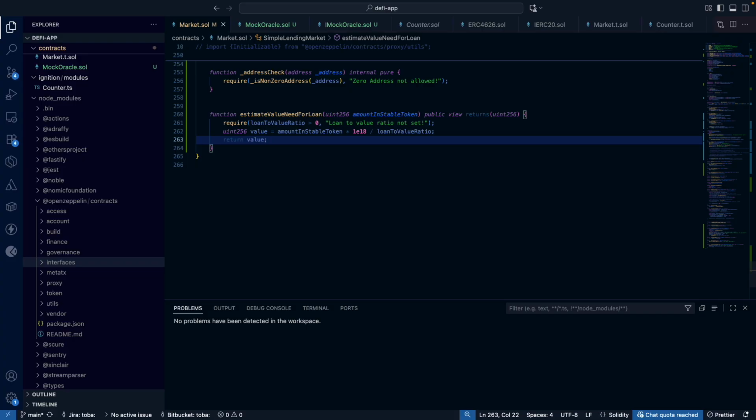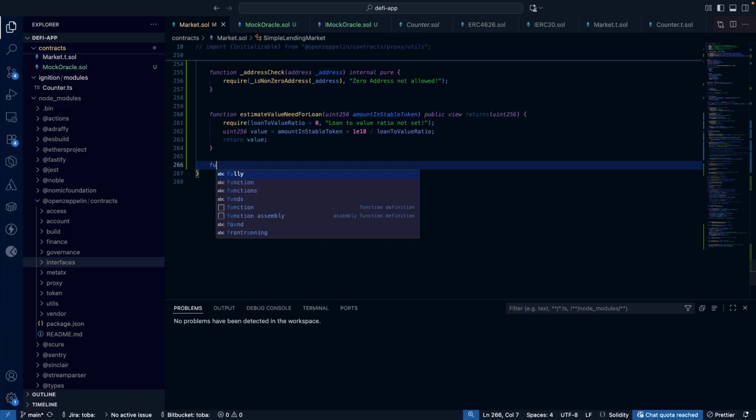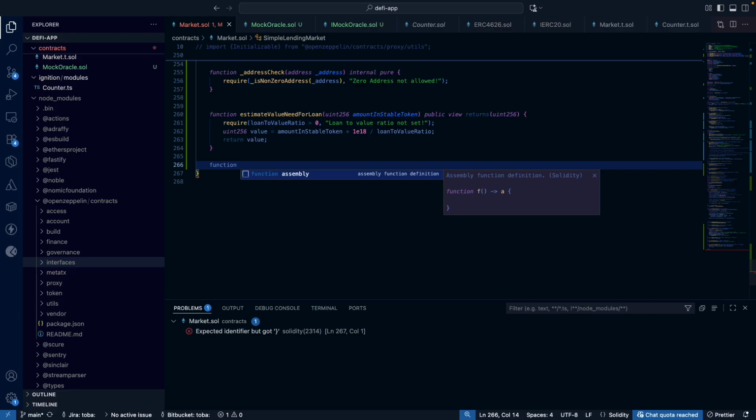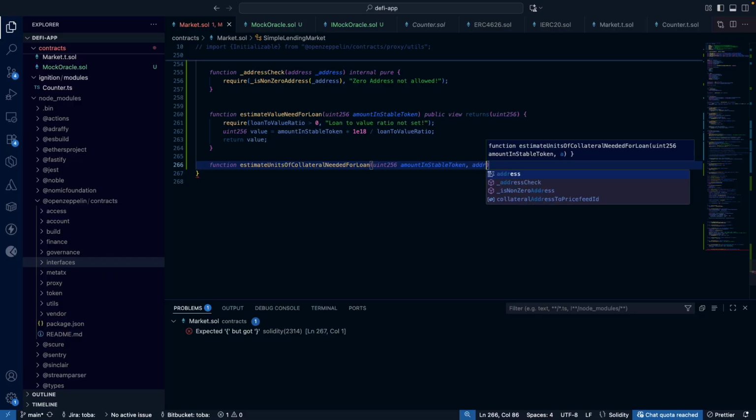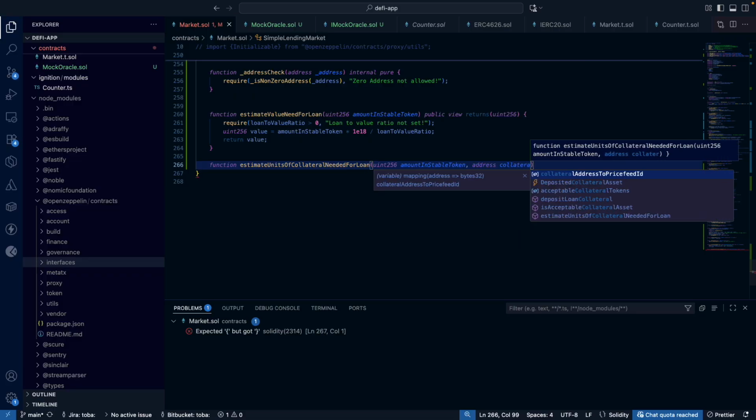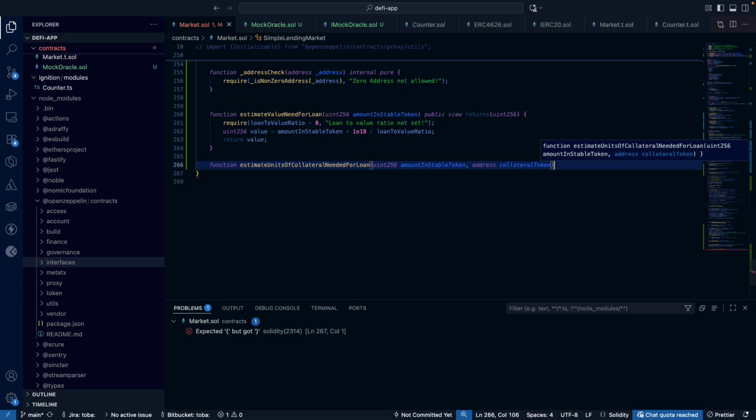Now, we're going to write another function. This function is estimate units of collateral needed for loan. Similarly, it takes in this, but it also takes in the address of collateral token.